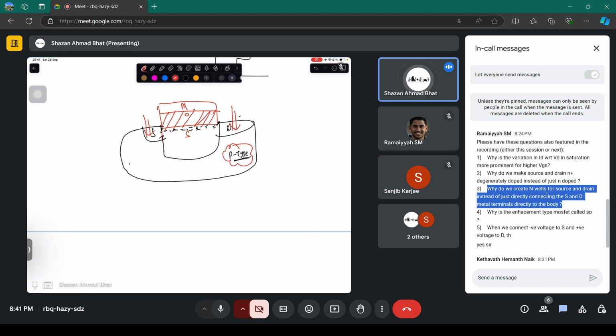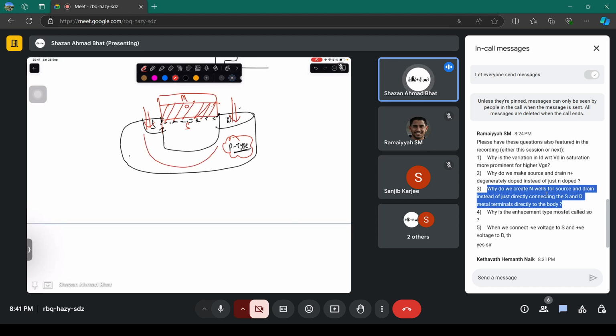You no longer have control, and the current will flow throughout. That's why we have PN junctions here, so that they can be reverse biased and the current only flows at this particular location. You don't want every single thing to be conductive, or those pathways for the flowing of the current. That is one way of thinking about it.